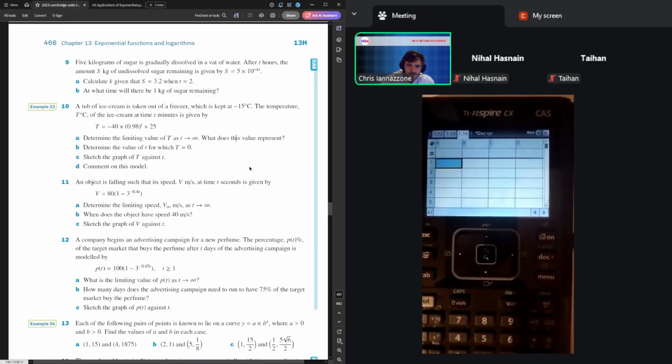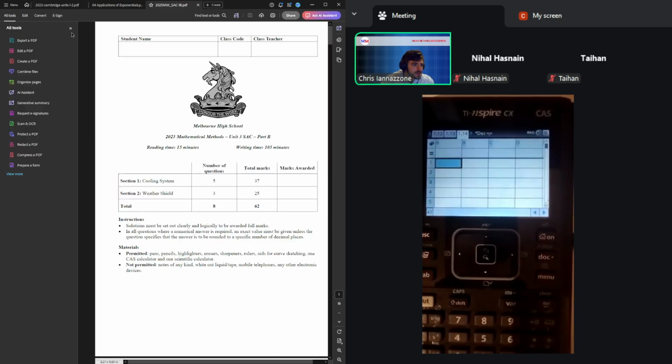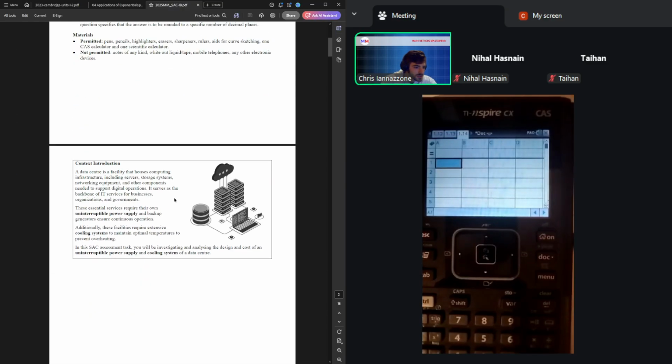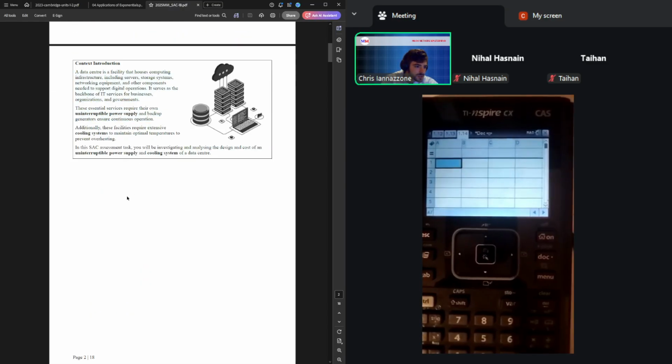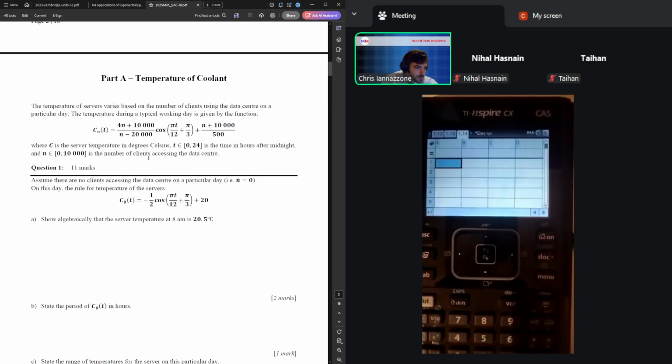I did have a look at that SAC, by the way. In fact, I'll pull it up for everyone just so we can get a preview of what that might look like. From my understanding of it, it looked fairly standard. They gave you a whole background on it, but probably the weirdest thing in this one is you have the subscript in the equation.